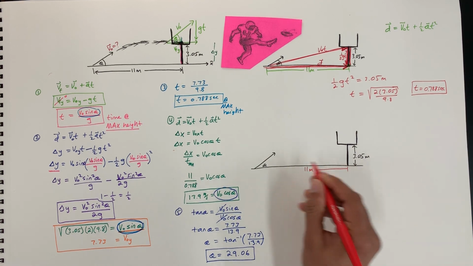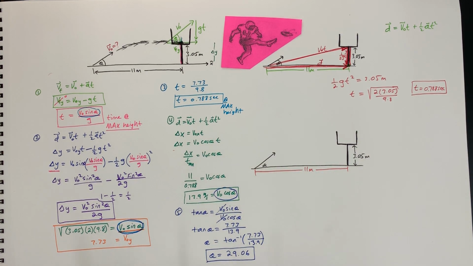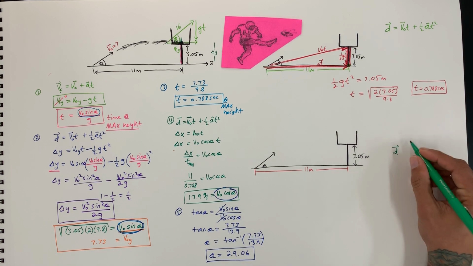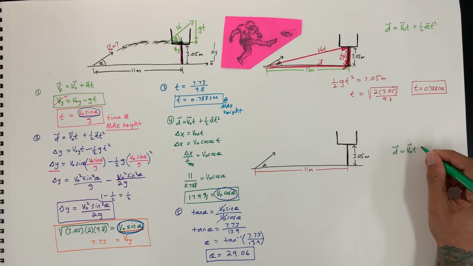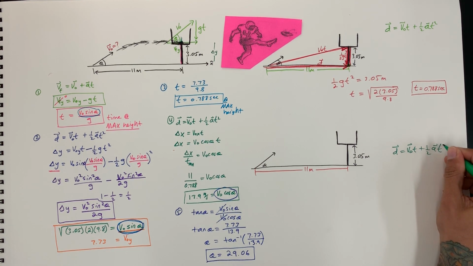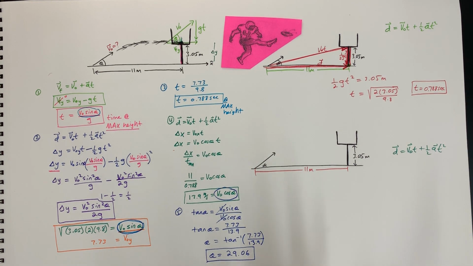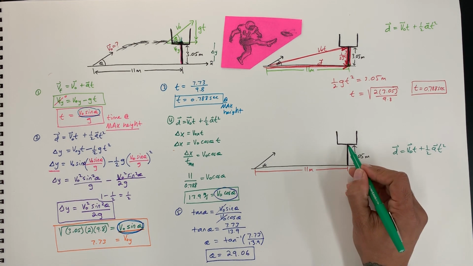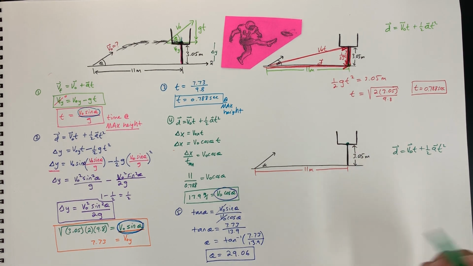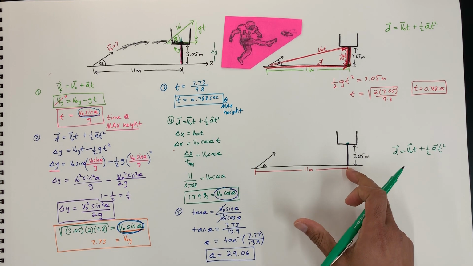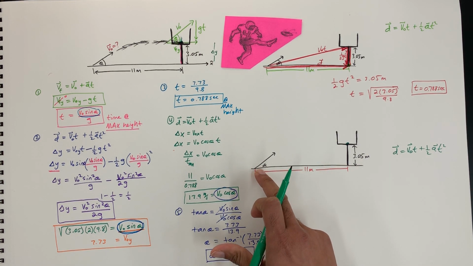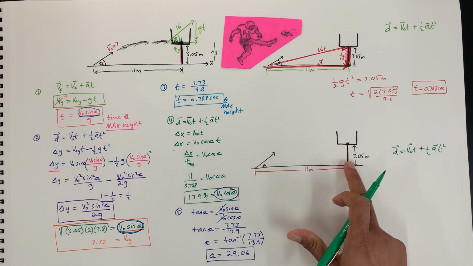All right, now let's go into this one here. So 11 meters is where the goalpost is. Okay, and so here I want to show how we're going to get the angle. So let's draw our vector triangle like we usually do for our displacement vector. Okay, so our area of interest is going to be at the goalpost now, right? Because we're no longer interested in the time, right? I have to preserve this angle now, so I needed to match up.